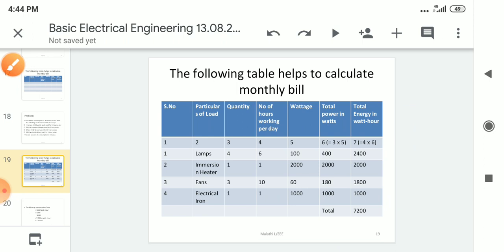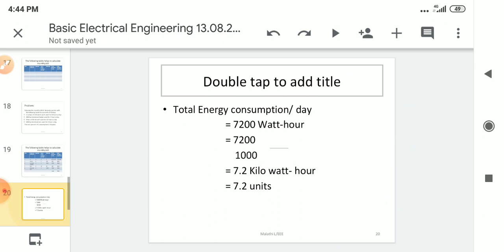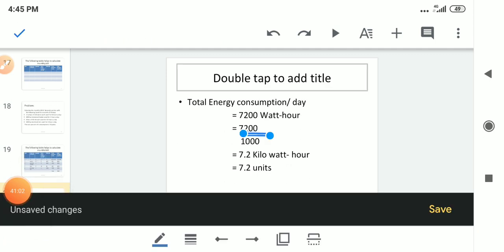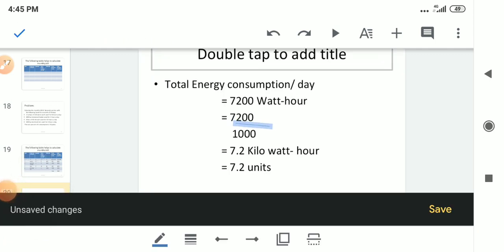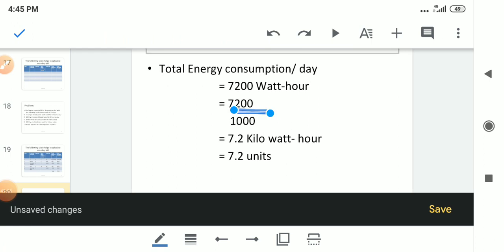So our final answer is 7200, the total energy consumption. Here total energy consumption is 7200 watt hours. The next step is what?